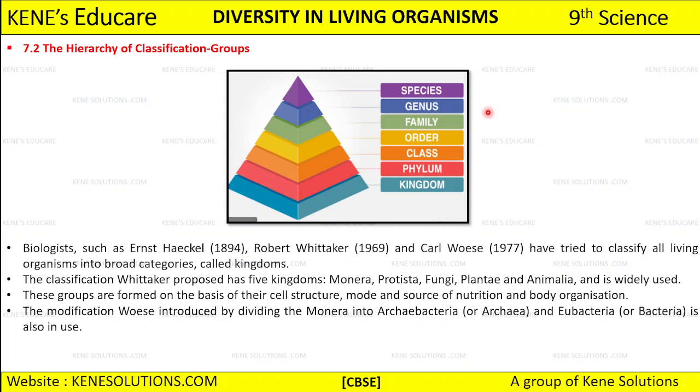Now the hierarchy that I'm talking about, we have studied the kingdom. We have 5 different kingdoms, right? We have kingdom Monera, kingdom Protista, then kingdom fungi, kingdom plantae, kingdom animalia. These are the different kingdoms that we have discussed.